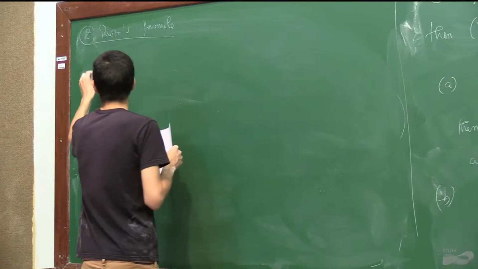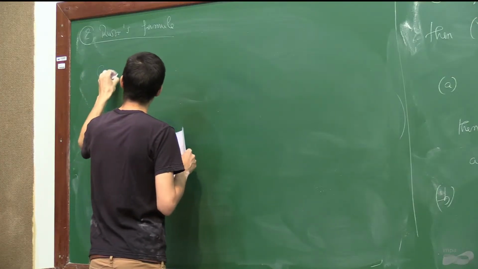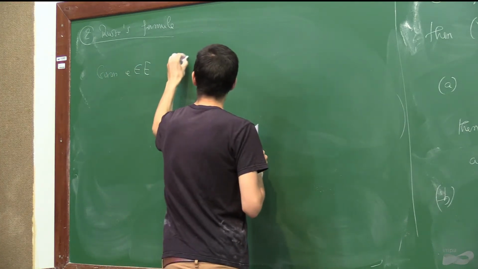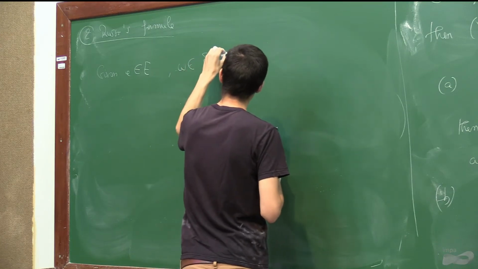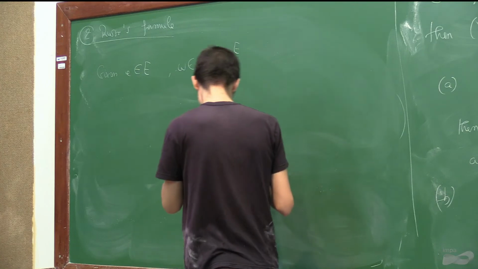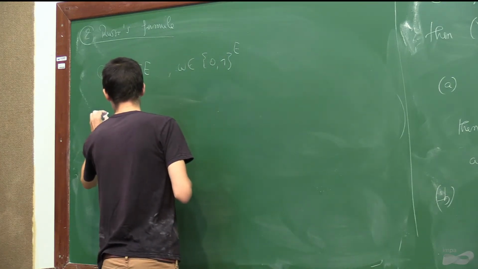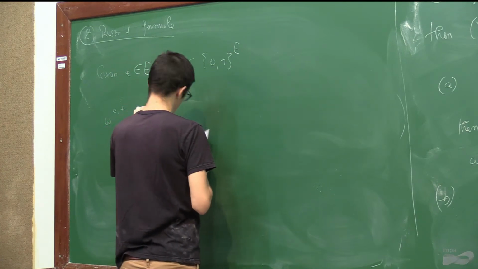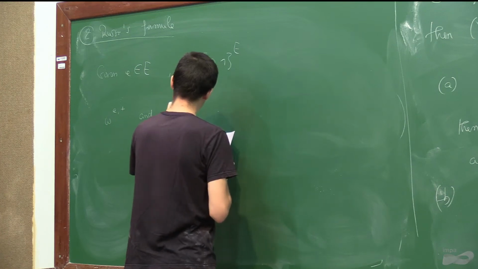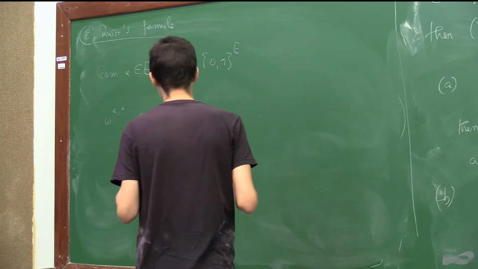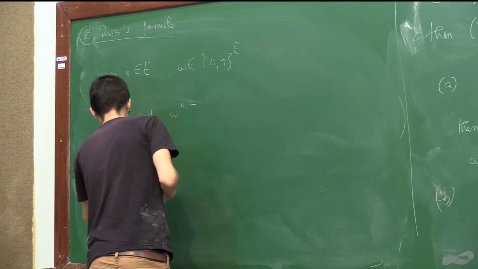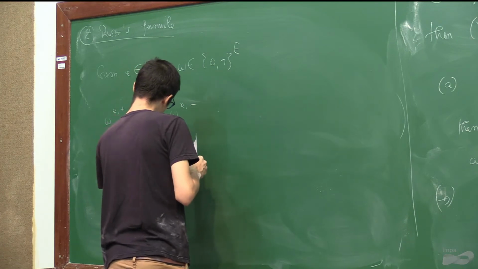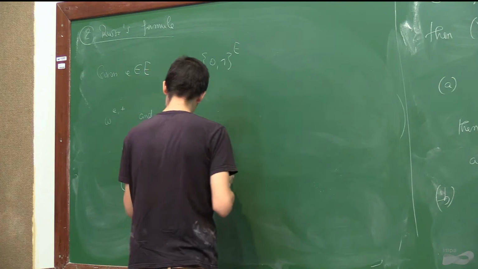So, given E an edge and omega a configuration, I'm going to define the configuration omega E plus and omega E minus as follows.